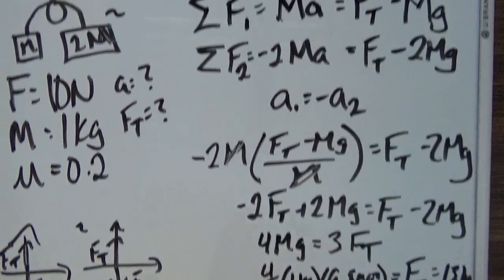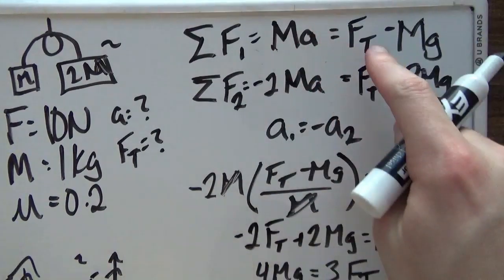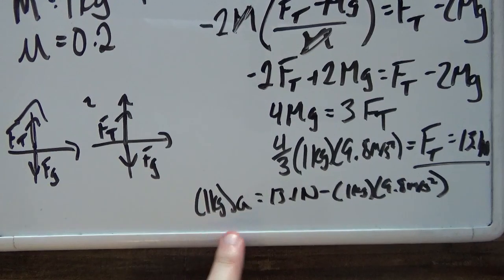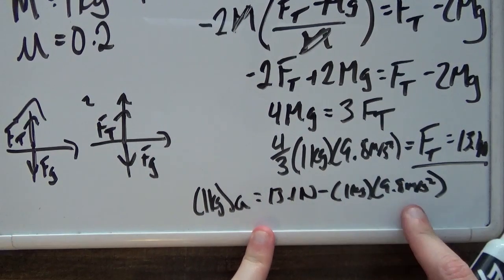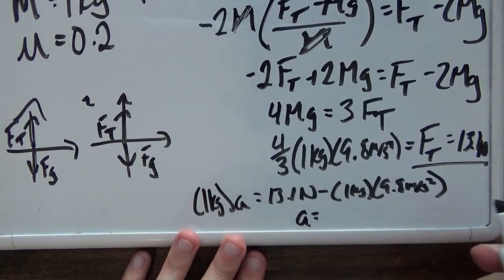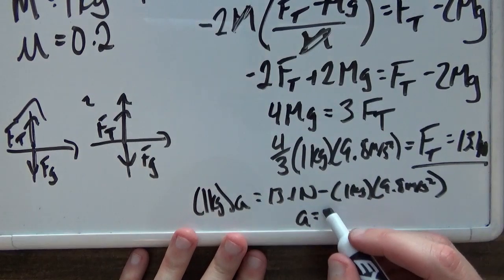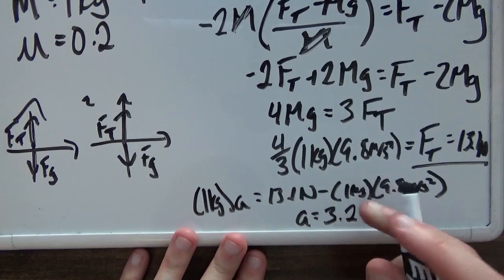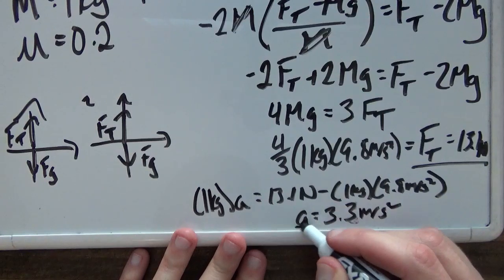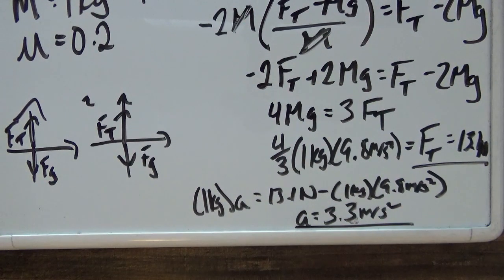That's just this equation here, plugging in FT and solving. So basically it's 13.1 minus 9.8. So A is equal to 3.267, just 3.3 even. Meters per second squared. Boom. 3.3 again, wow. Great. So that's problem 5. 13.1, 3.3.